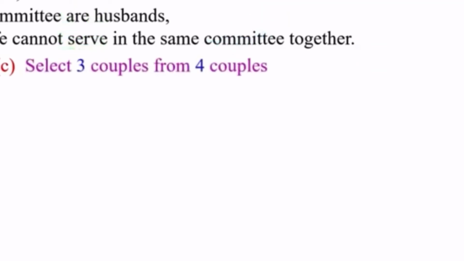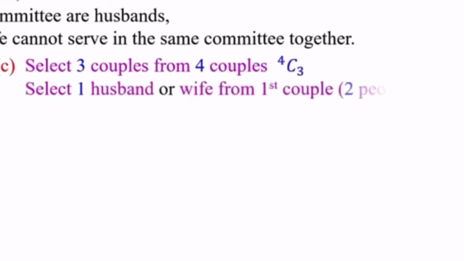Actually, there are many ways to do it. Either way, we choose 3 couples first from the 4 couples. We have 4 groups, each group is 1 couple, so we choose the 3 groups first. We want to choose 3 couples out of the 4 couples.